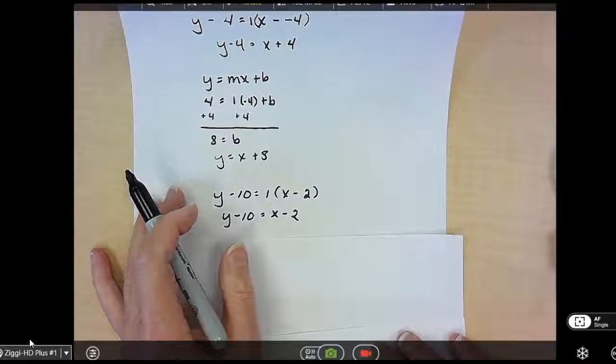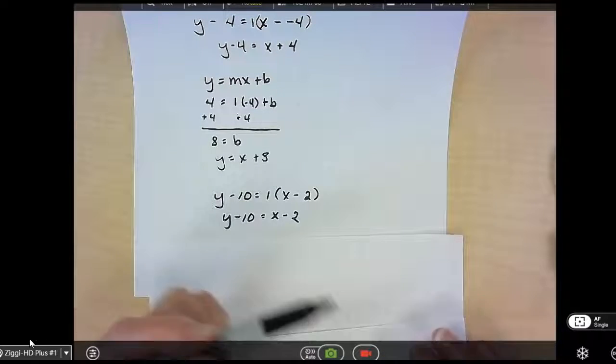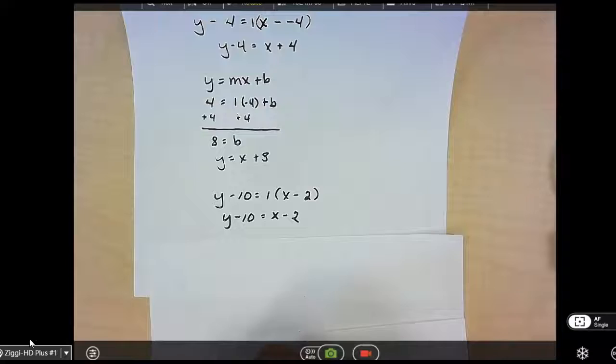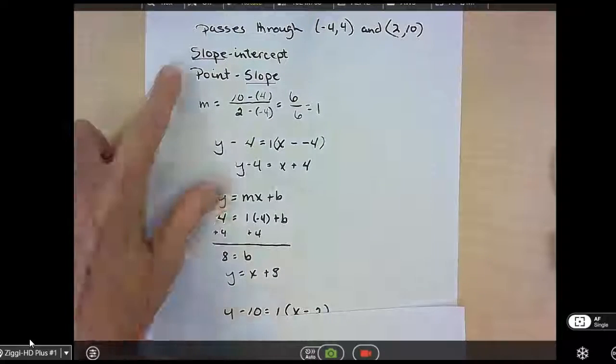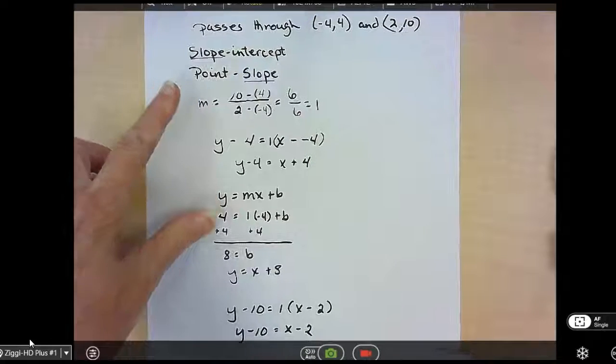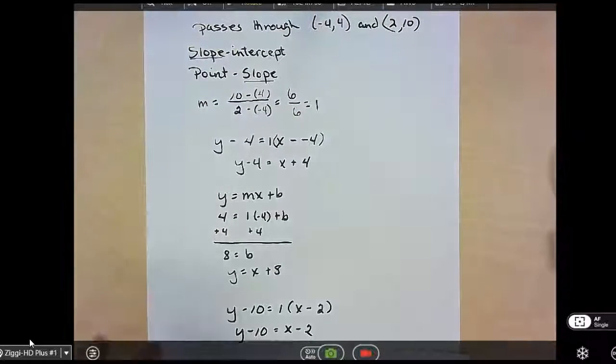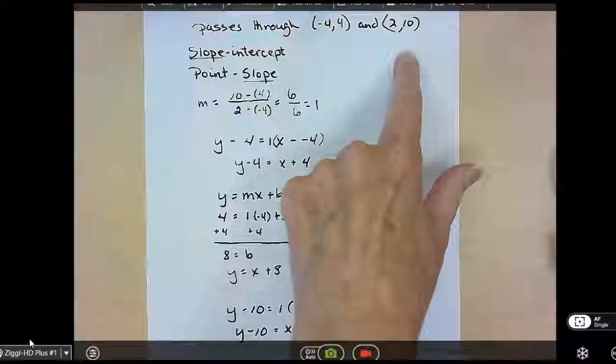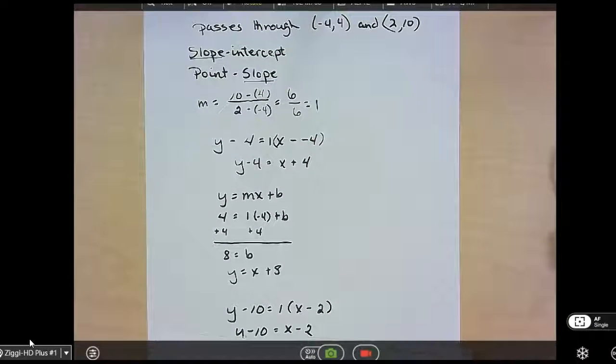So they don't specify which form of the equation you're supposed to write, if it's supposed to be slope-intercept or point-slope, so it's up to you, whichever one you want. And again, if you use point-slope, you can use either point. With slope-intercept, it doesn't matter either which point you put into it. It will come out the same. So that is all your notes for this section.